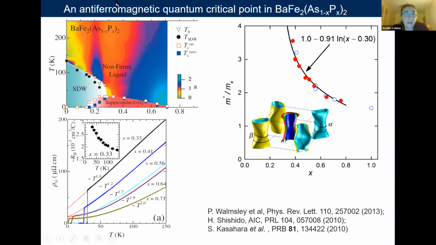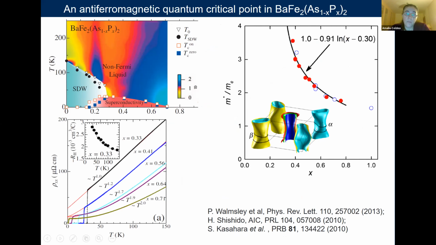And now, how does this compare with the system where we know a magnetic critical point exists, barium-122, that we also heard about in the previous talk? We can see striking differences between these two materials.